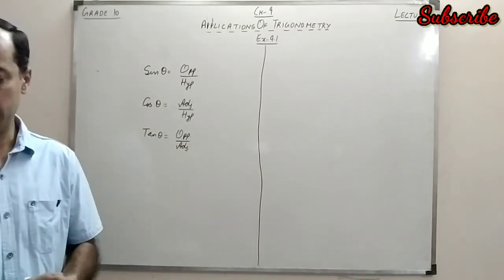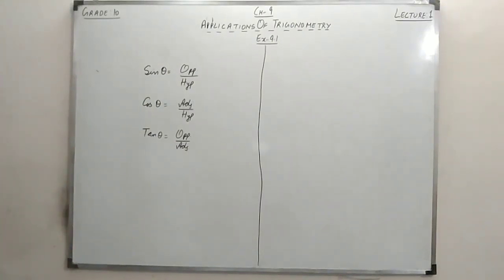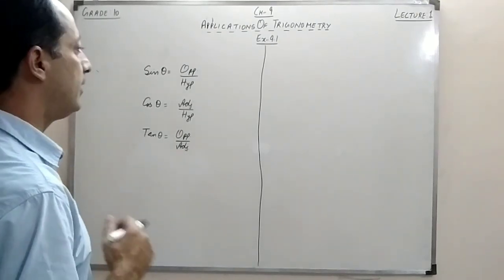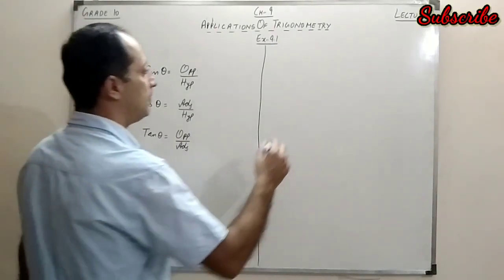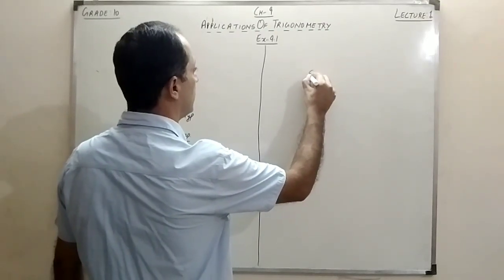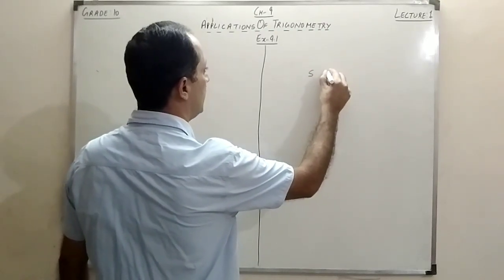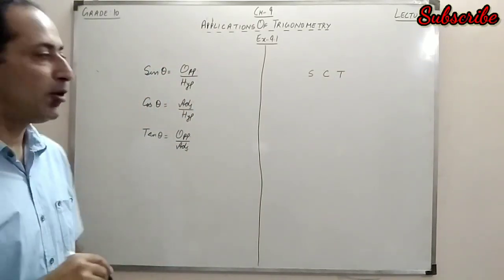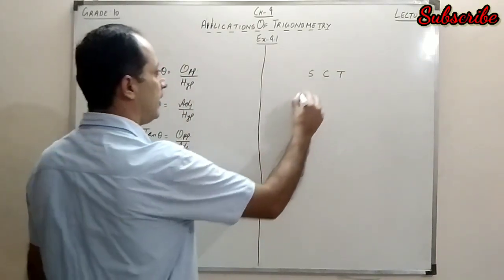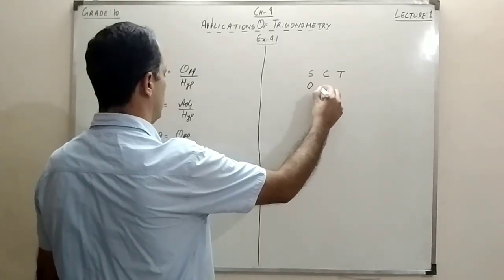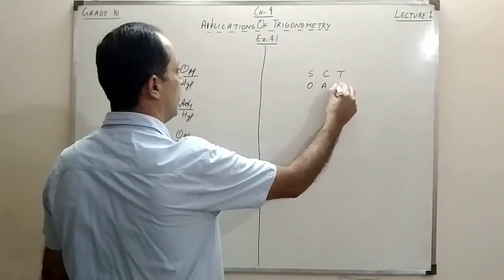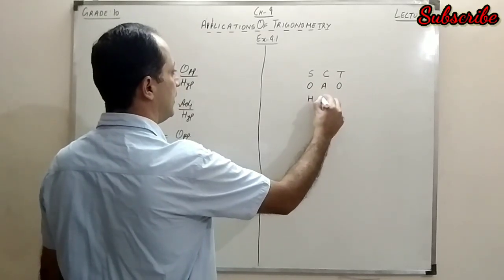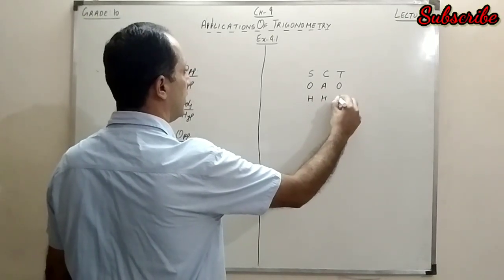One thing more we have to discuss here, that is how to remember these identities, these ratios. So I'm giving you a small relation between them. This is SCT, meaning sine cos tan, and then you can write it as OAO over HHA.